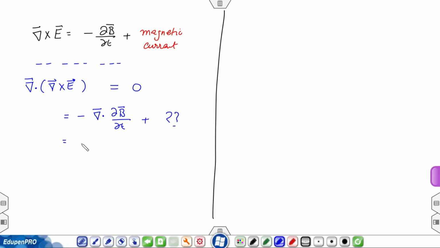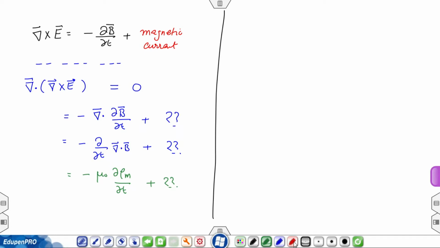I will switch the time and space derivatives: minus d by dt of divergence of B plus whatever that extra term is. And divergence of B we just proposed is nothing but mu naught rho m. So, this is going to be minus mu naught d rho m/dt plus this extra term.